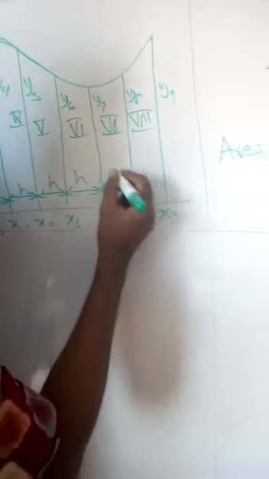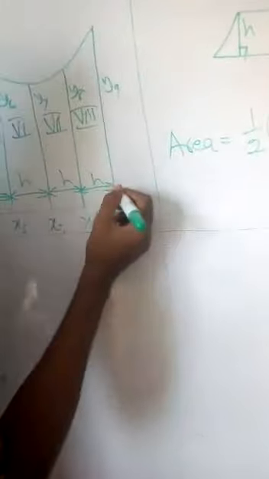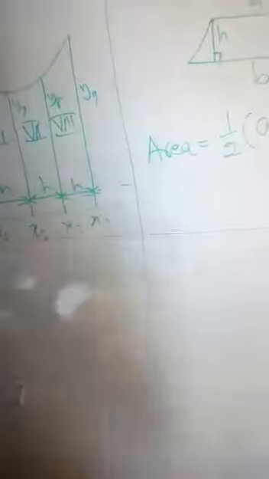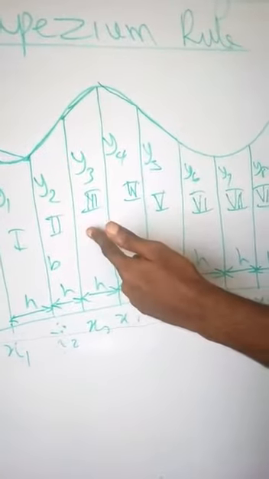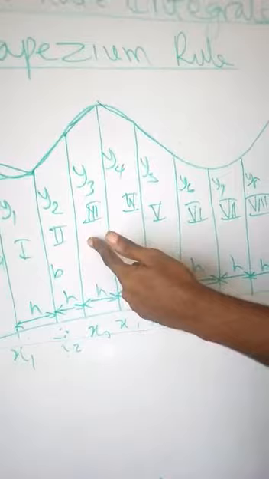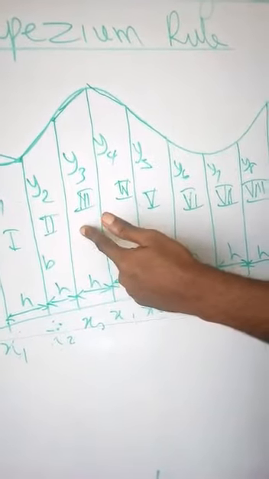The area of the second will be half of y2 plus y3 times h. The third will be half of y3 plus y4 times h.